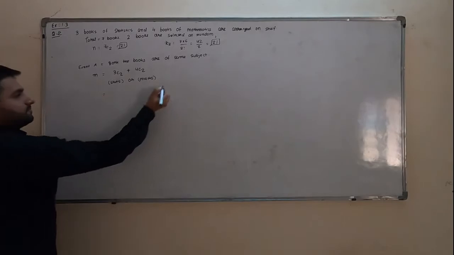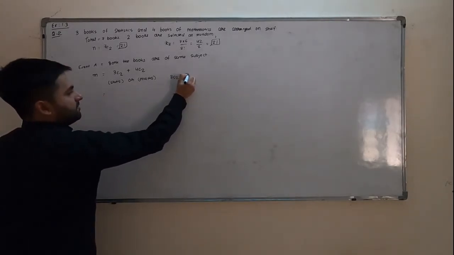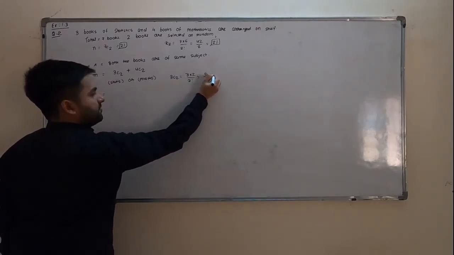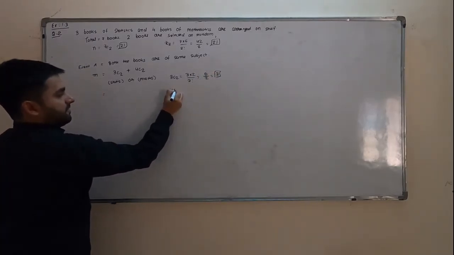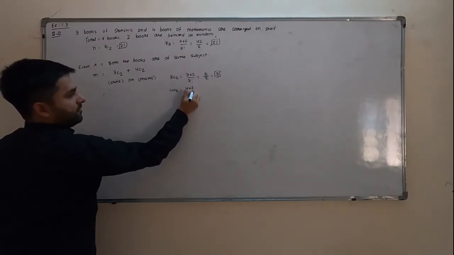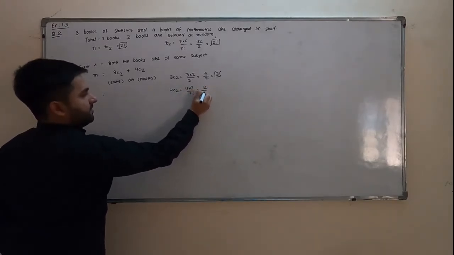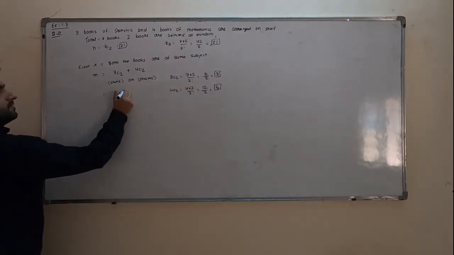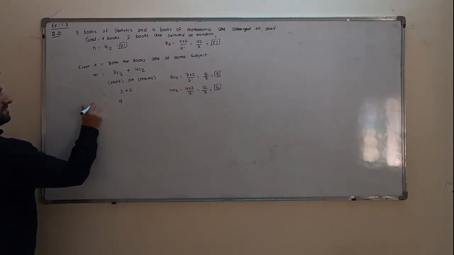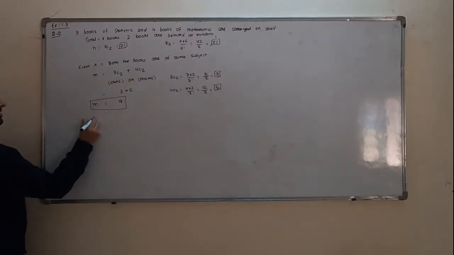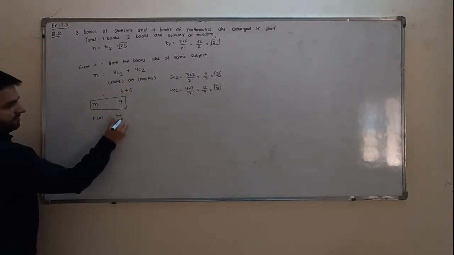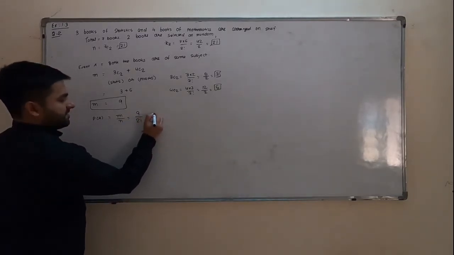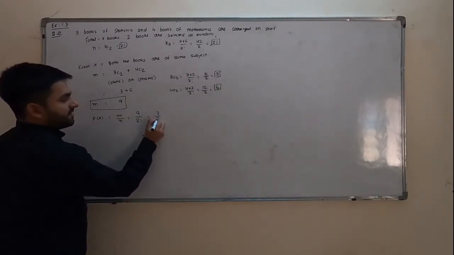Okay, now 3C2 is equals to 3 into 2 by 2 factorial, 6 by 2 is 3. 4C2 is equals to 4 into 3 by 2 factorial, 12 by 2 is 6. So 3 plus 6 is 9. P of A, m by n, 9 by 21. Let's cut it by 3. So 3 by 7.